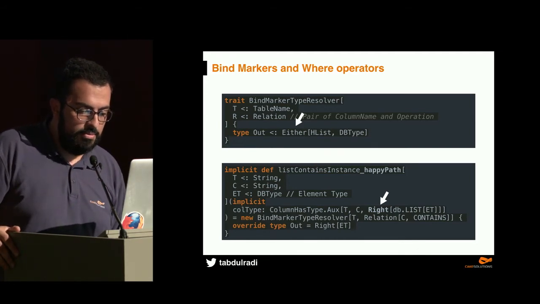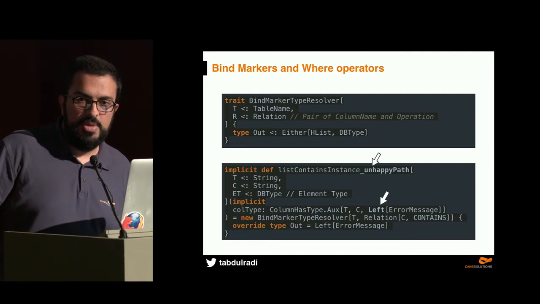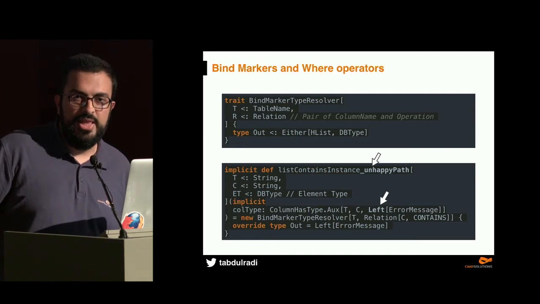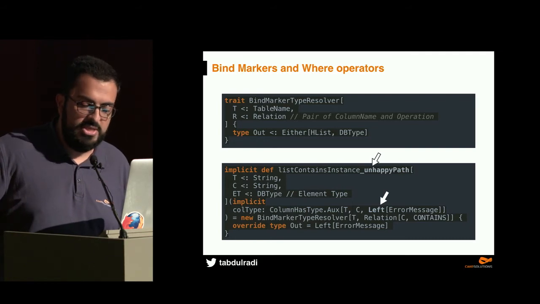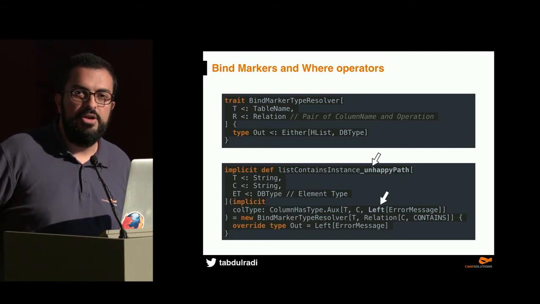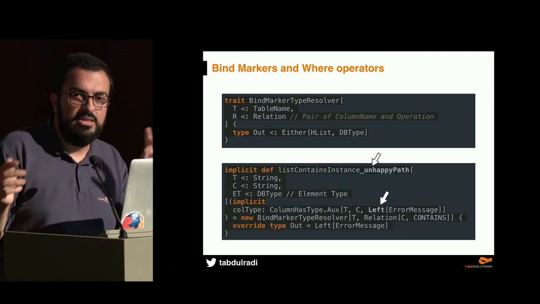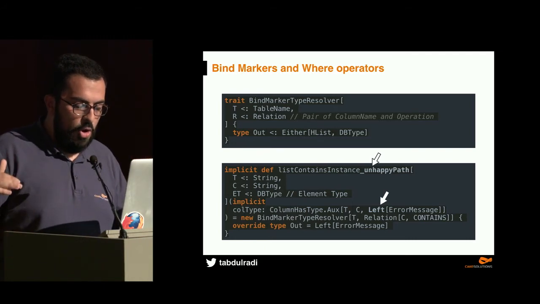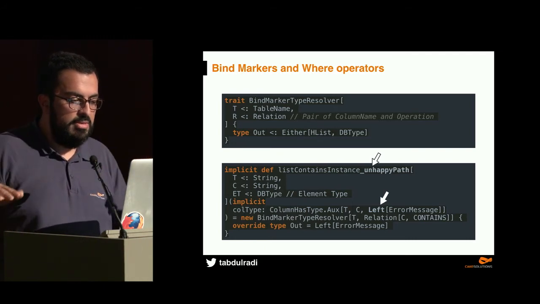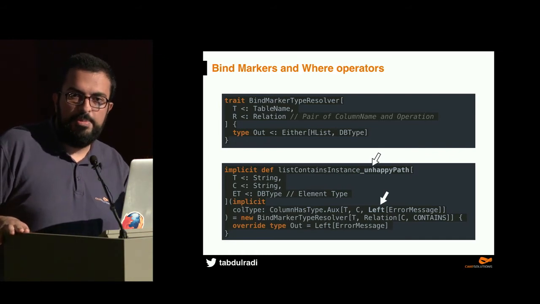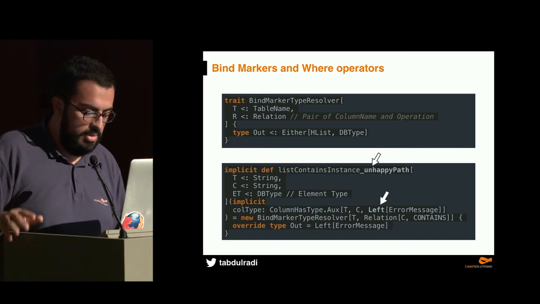The unhappy path, if you found the left of error message, then the output is also a left, and either propagate the error message, change the error message, I don't care, right? You just have to propagate it. Now all the type classes up the hierarchy are going to have to do the same: the happy path and the non-happy path.